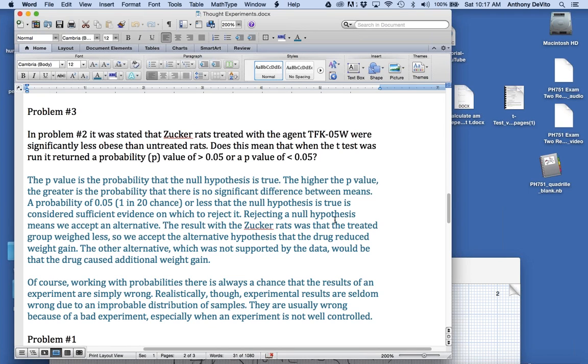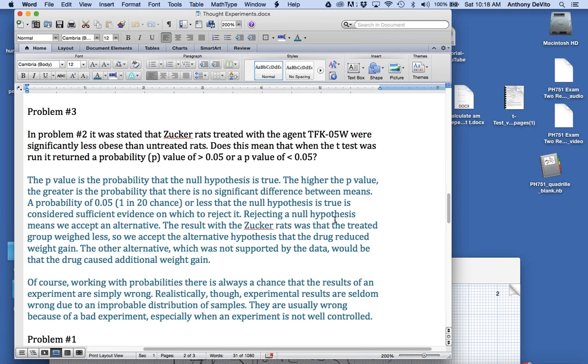Well, one of the things that we're doing when we run these tests is determining whether the probability that we would be wrong if we rejected the null hypothesis is less than or more than 5%. Alpha is our level of tolerance for being wrong. So if we want to be 95% certain, we have an alpha of 5%.